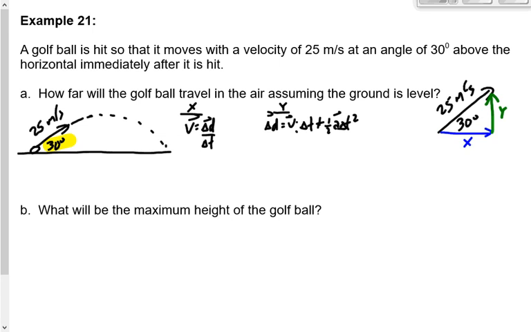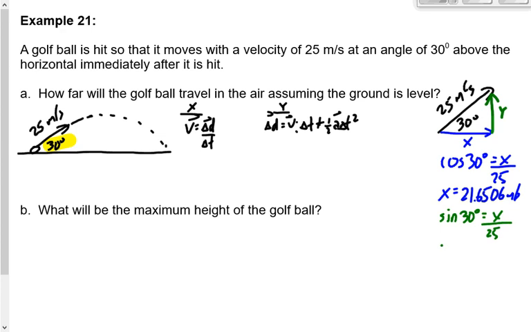Let's say cosine 30 degrees is equal to adjacent over hypotenuse. x is 25 cosine 30, which works out to be 21.6506 meters per second. The y component is the opposite side, so we're going to say sine 30 degrees is equal to opposite over hypotenuse, where the y component is equal to 12.5 meters per second.